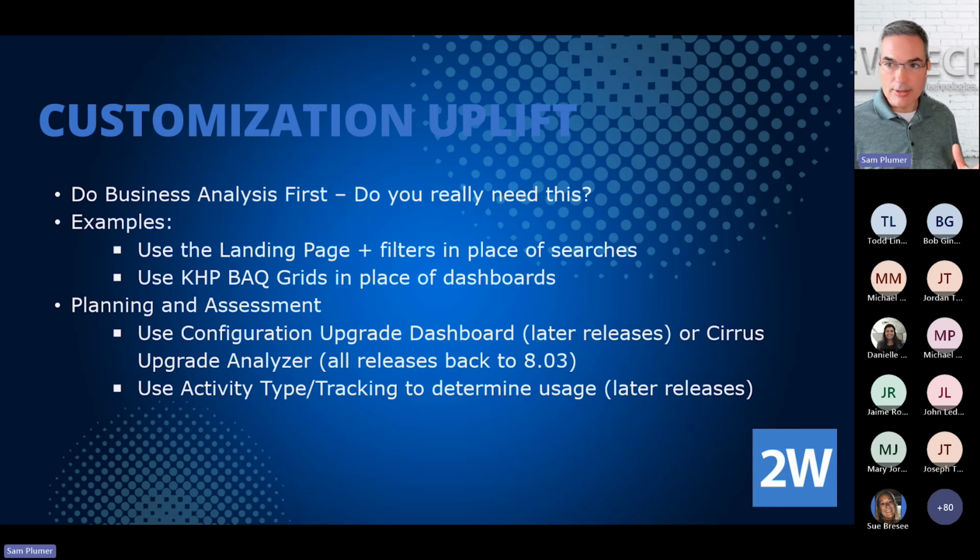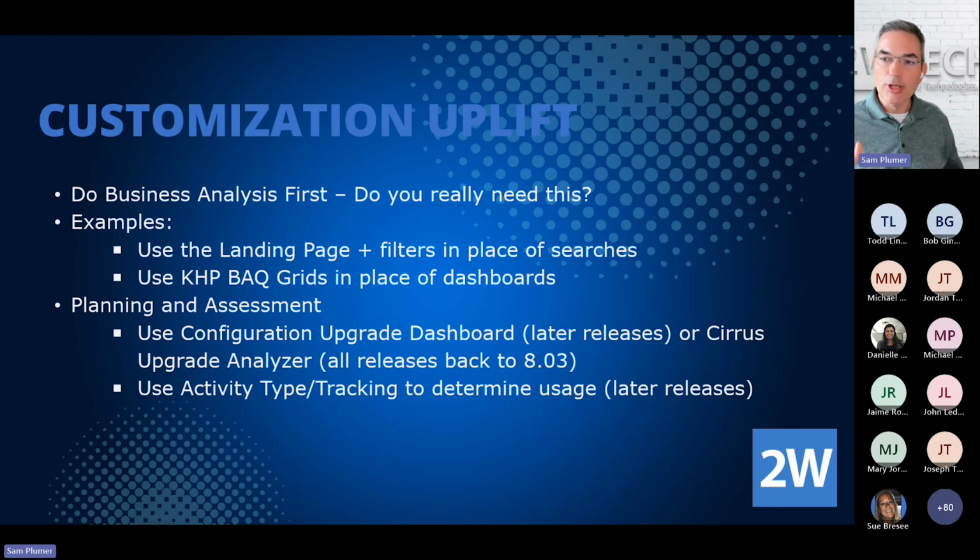Now, in many cases, for example, things we've seen, we've made extensive custom searches available to our users. Again, maybe just in the sales order entry screen, just stick with that example. Well, almost every Kinetic screen has something called a landing page, which is new in the Kinetic UI.